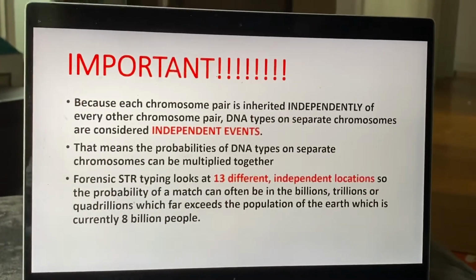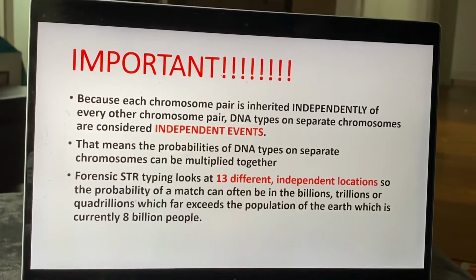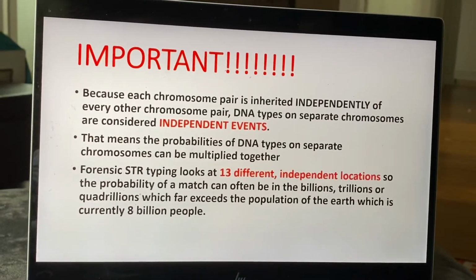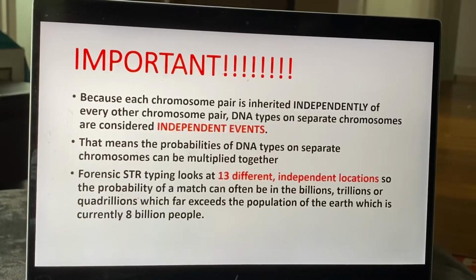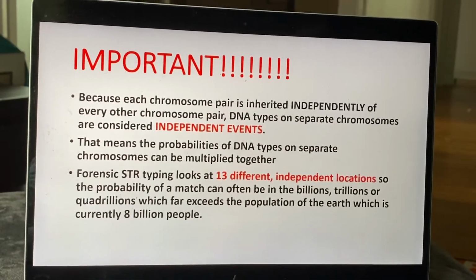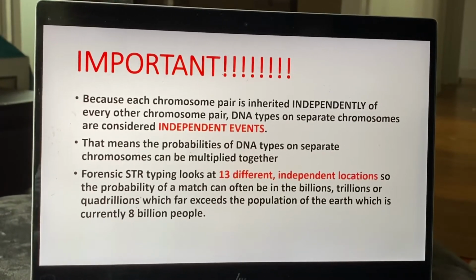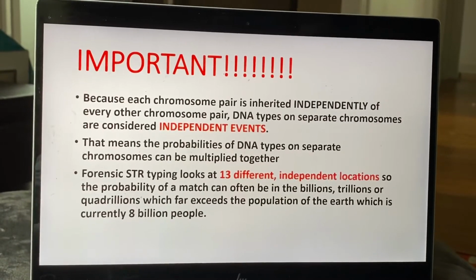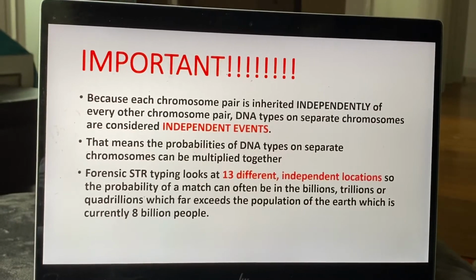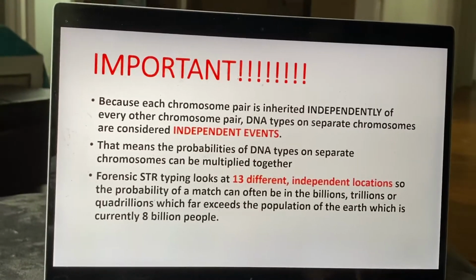So in STR typing, we look at 13 different independent locations in the probability of a match. Often that probability is in the billions, trillions, quadrillions. I've seen match probabilities up to the quintillions. All of those probabilities usually far exceed the population of the Earth, which is currently about 8 billion people.